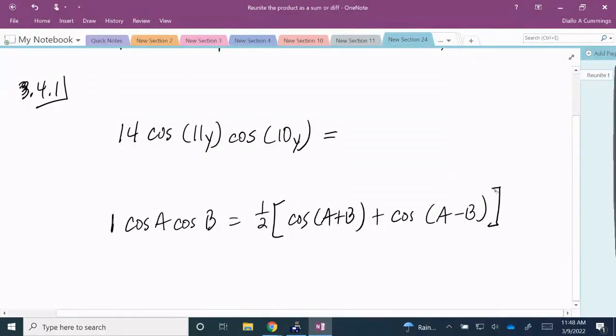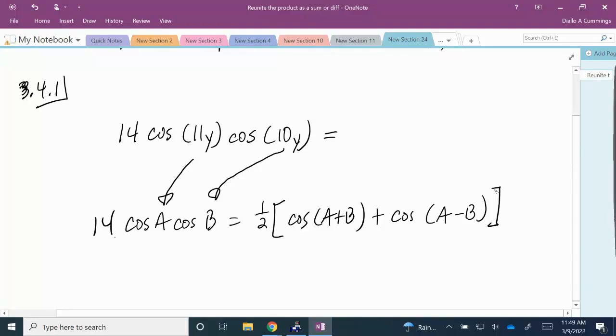In my formula, I could substitute 11y for A and I can substitute 10y for B. But in the formula, the coefficient for that cosine A, cosine B term is a 1. We need for the coefficient to be a 14, so then it would line up exactly.